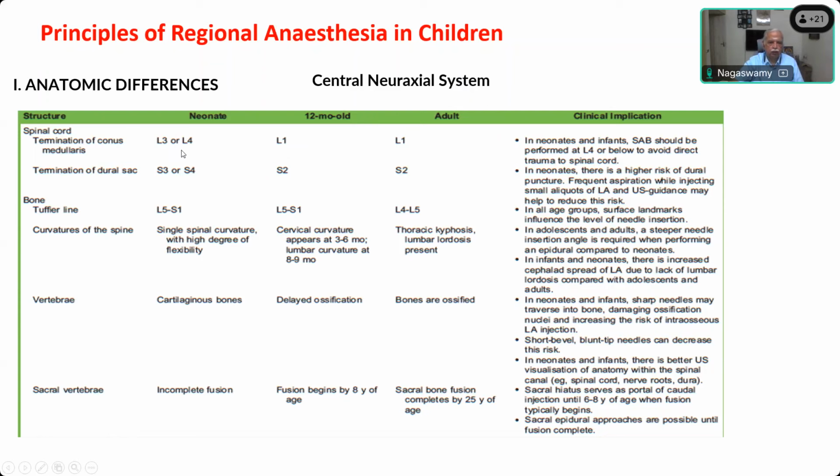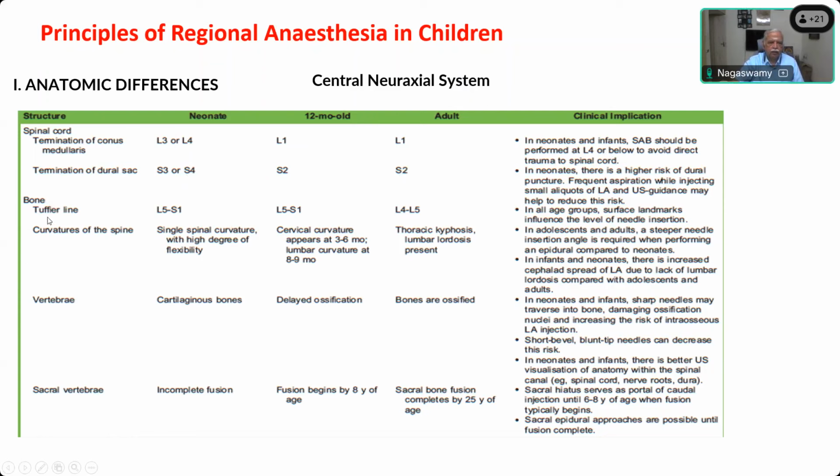than L3 and L4. If you want to do a single shot spinal, SAB should be done below the level of L4. And the termination of the sac is also a little lower because of the extent of the spinal cord, at S3, S4, whereas it goes to S2 in older children and adults.